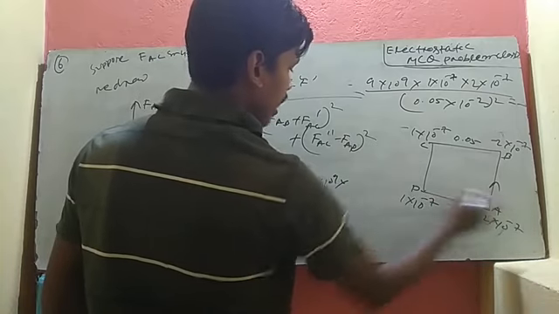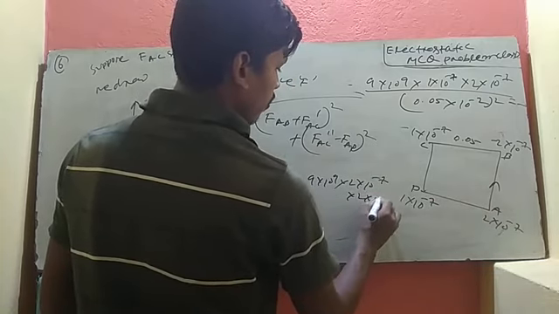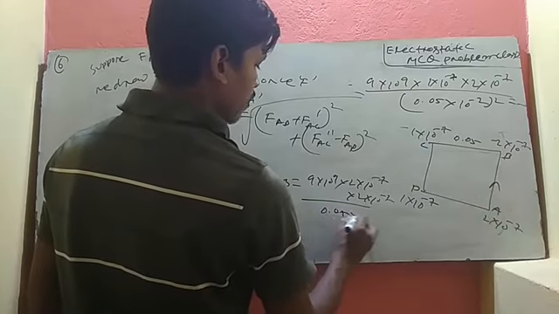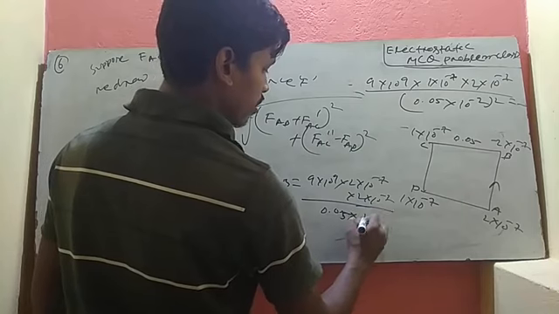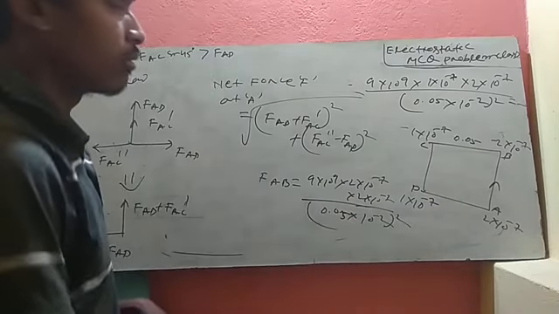Charge into charge 2 into 10 to the power minus 7 into 2 into 10 to the power minus 7, divided by 0.05, centimeter converted to meter, into 10 to the power minus 2, square. FAB is calculated.